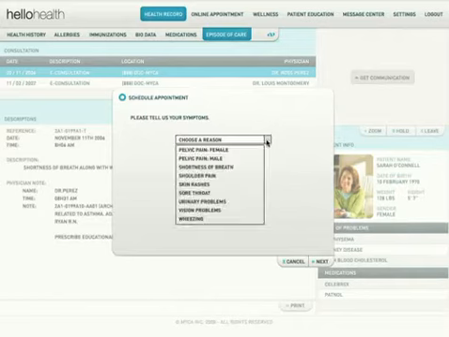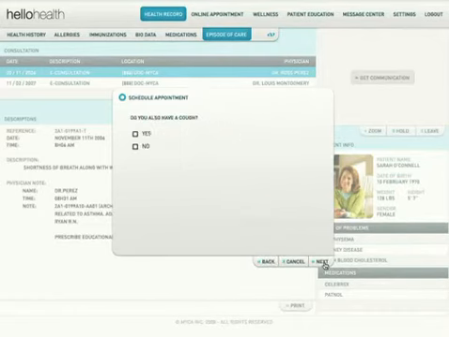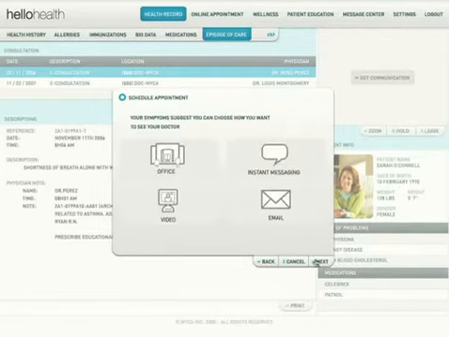So you need to tell us a reason, which is, in this case, sore throat. Answer a few questions. And then after this, based on the symptoms that you're having, sometimes the only option available to you would be that you can only see us in the office, because the symptoms that you're having mean that we really do need to physically examine you.